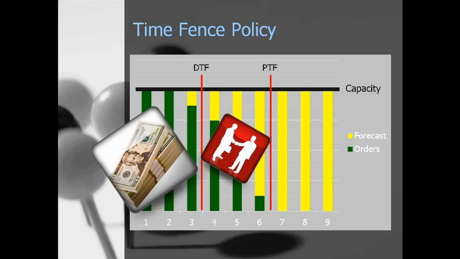That's the master scheduler's job. That's their playground. That's what they get paid to do. Beyond the planning time fence, this is completely the master scheduler's. The changes they make there are virtually free because we're talking so far into the future. The only constraint that the master scheduler has there is the production plan itself.